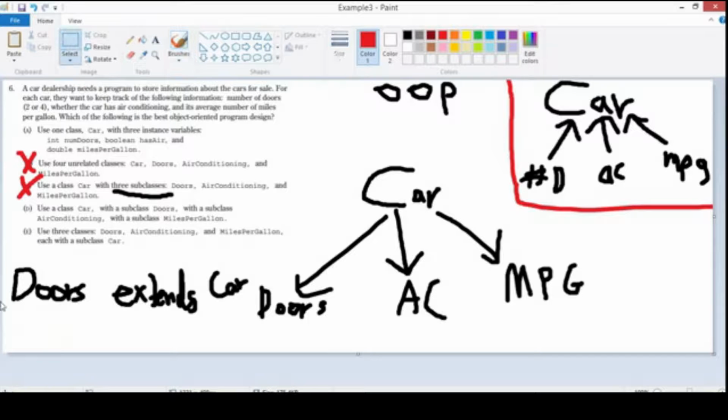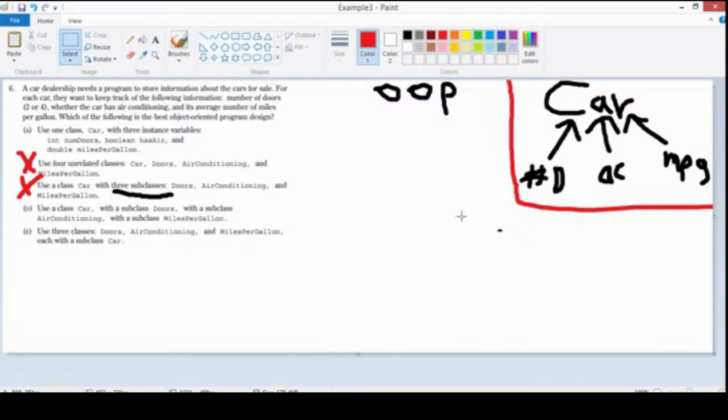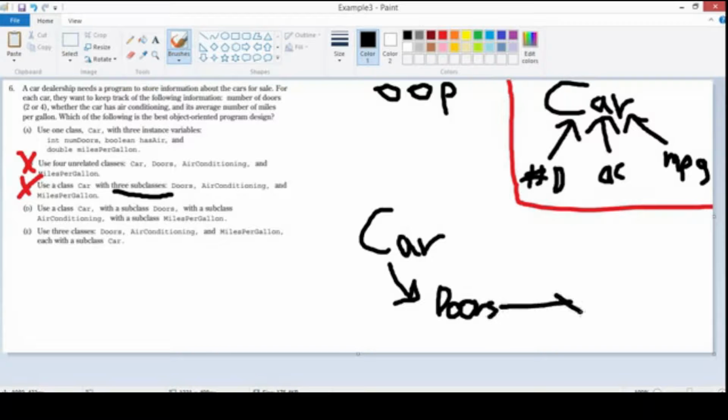Okay, I'm going to clear this stuff out so we have room. Okay. So let's see. Next one. We're going to have a class car with subclass doors with subclass air conditioning. And you know what? This is just getting worse and worse. I mean, look at this. What is this supposed to be?